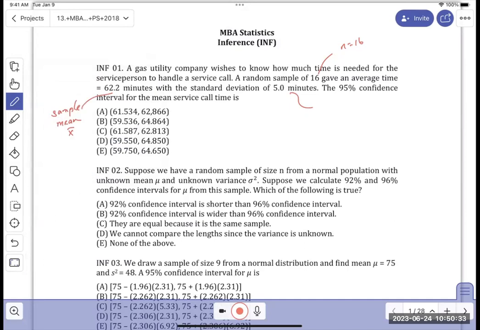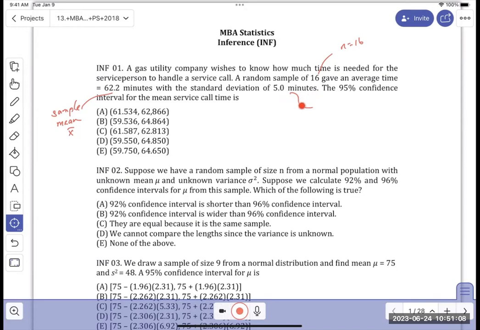Aha, Marcos says it's S. Any other thoughts? Anyone else? Okay, Patricia says it might be sigma. So is it S, the sample standard deviation, or is it sigma, the population standard deviation? Okay, you think it's sigma.